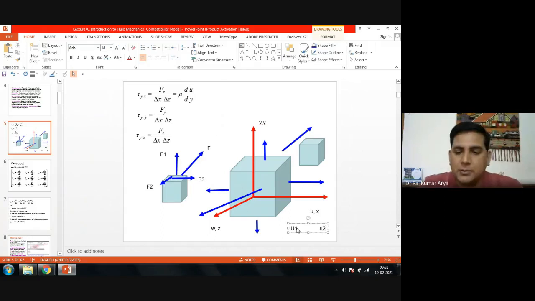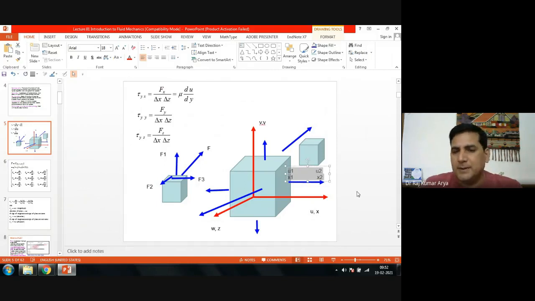So this corresponds to x1 and this corresponds to x2. These are the two velocities you have here. At point x1 you have velocity u1, at point x2 velocity is u2. Is that fine?